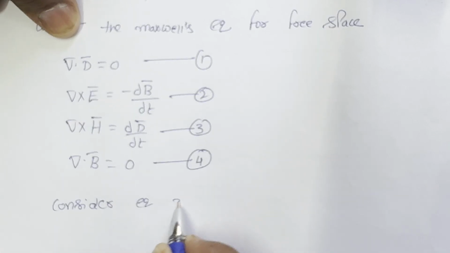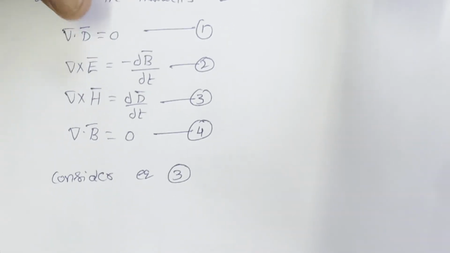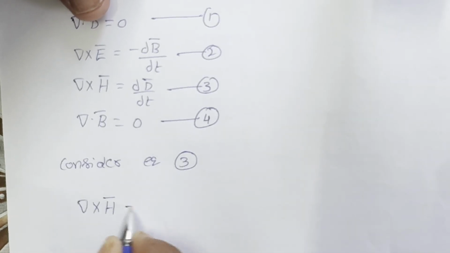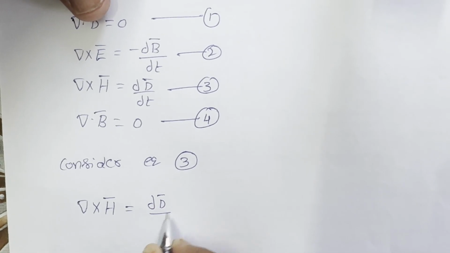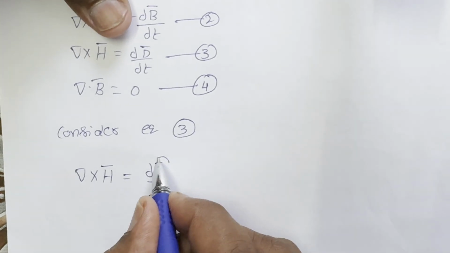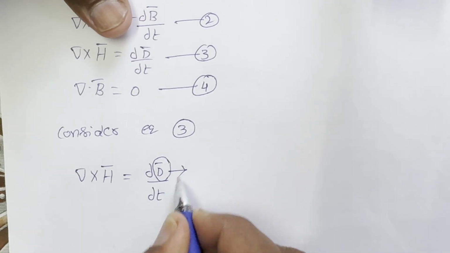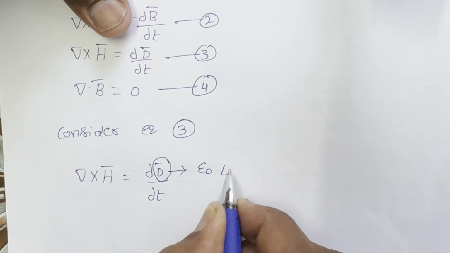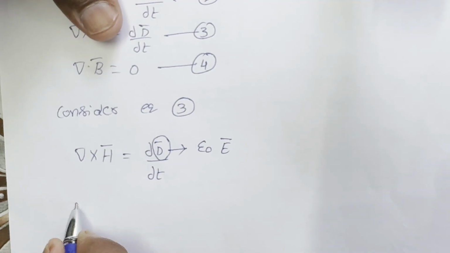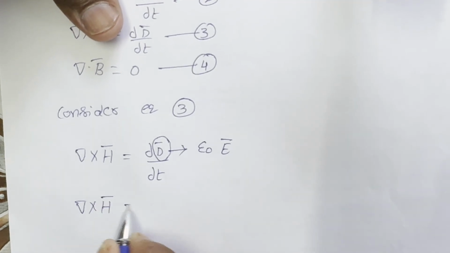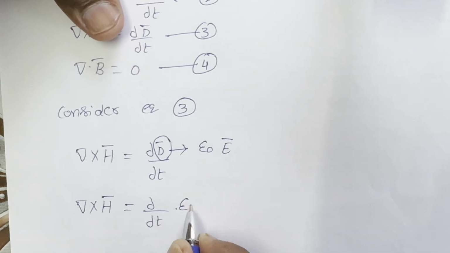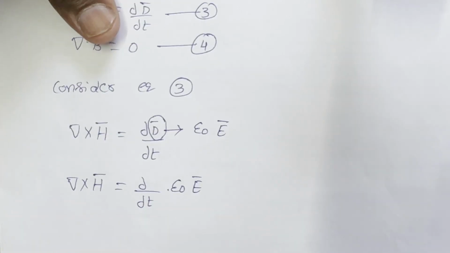Now I'm writing equation 3 here. Del cross H bar equal to dou D bar by dou t. Now I'm making a small substitution. D bar can be written as epsilon naught E bar. Then it will become del cross H bar equal to dou by dou t into epsilon naught E bar.